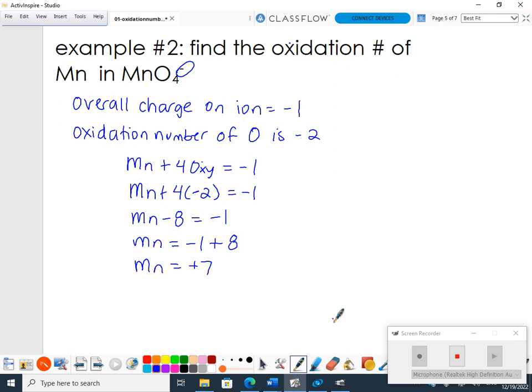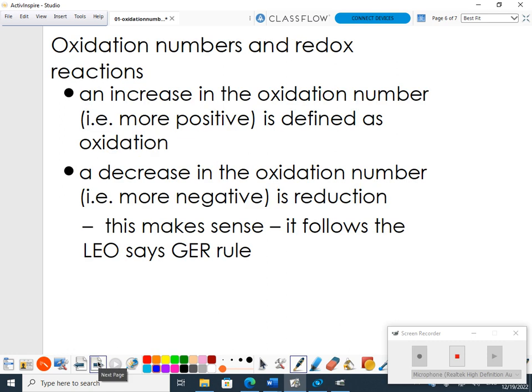Okay, so what happens if you have to do this sort of thinking in a reaction to decide if something is oxidized or reduced? So what we're going to do is essentially treat it like a number line. So if you have LEO, which is losing electrons, and electrons are negative, then if the number becomes more positive, which is technically increasing, then that's oxidation.